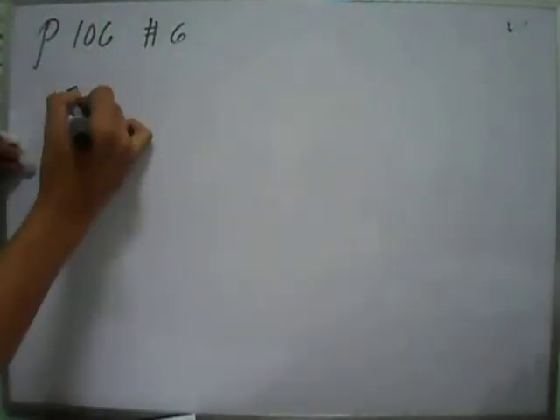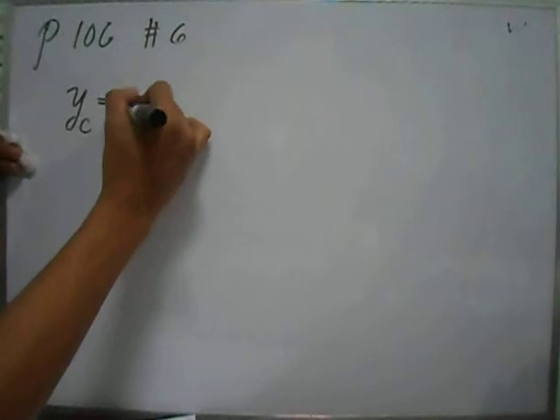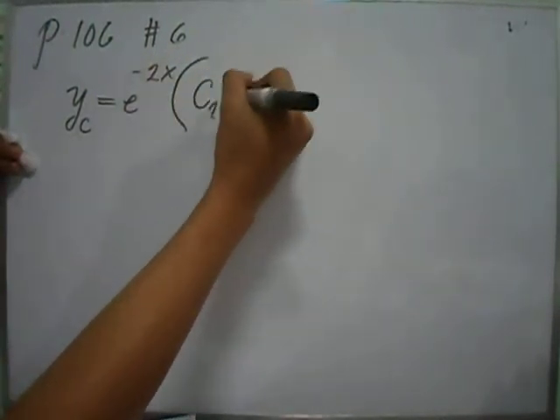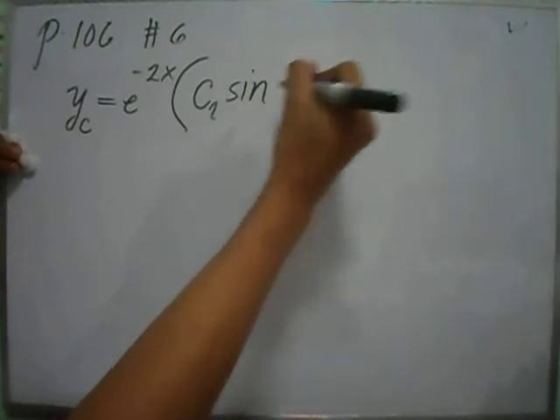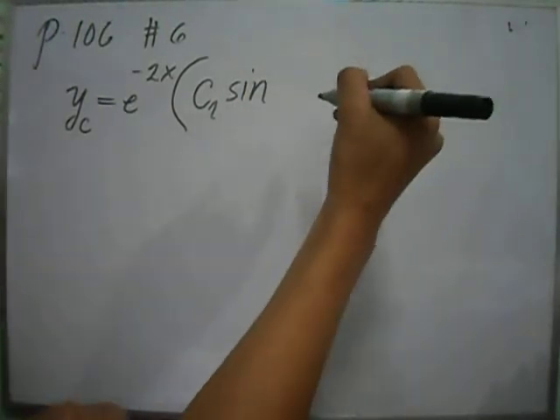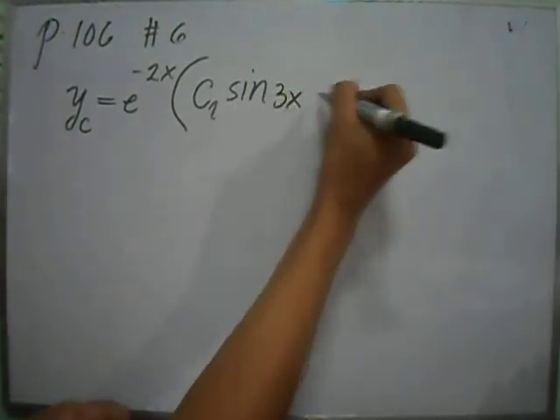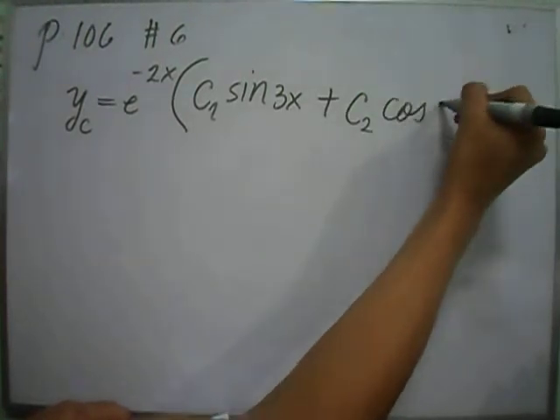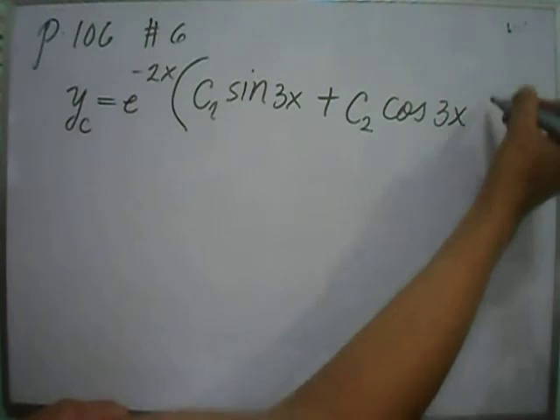Put it this way: y complementary is equal to e to the minus 2x times c1 sine 3x plus c2 cosine 3x.